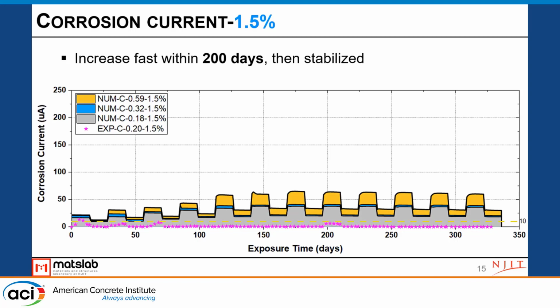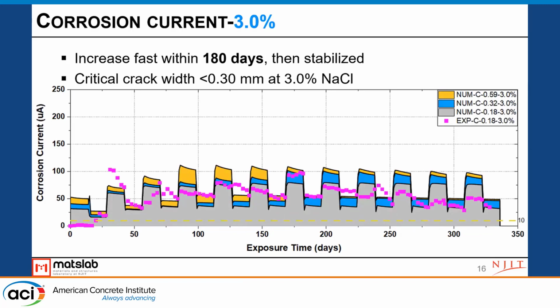However, we didn't see the corrosion increase proportionally to the crack width. As we see here, the gap is relatively small between the 0.18 millimeter crack width and the 0.32. So we can say the critical crack width for this specific chloride concentration is between 0.3 and 0.6 millimeter.